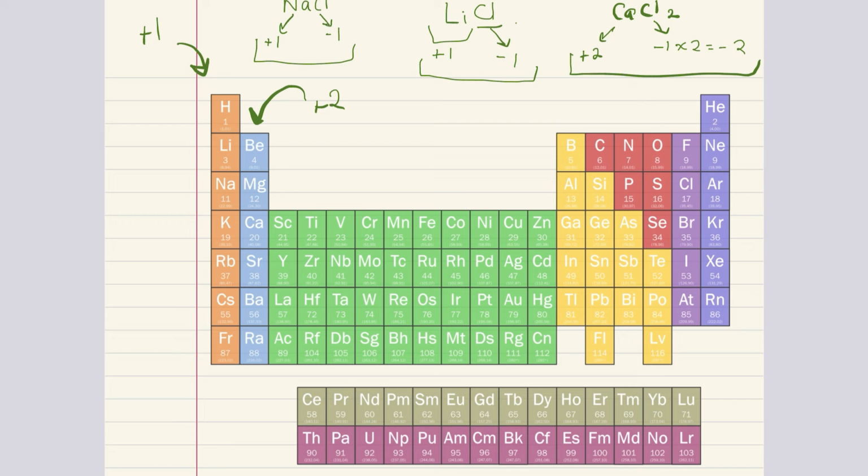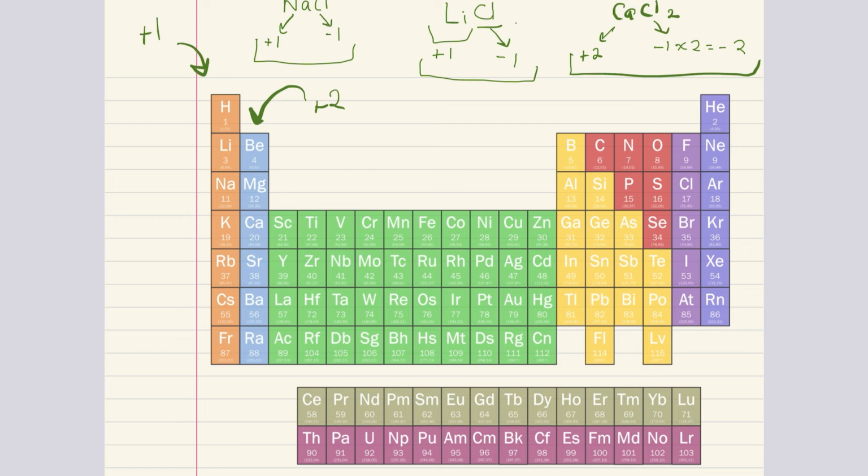Keep that in mind. Something else, hydrogen. The oxidation number of hydrogen is usually +1. However, when hydrogen is bonded to metals in metal hydrides, its oxidation number is actually going to be -1 because it acts as the more electronegative atom. What's an example of this, you ask? Sodium hydride is a great example.